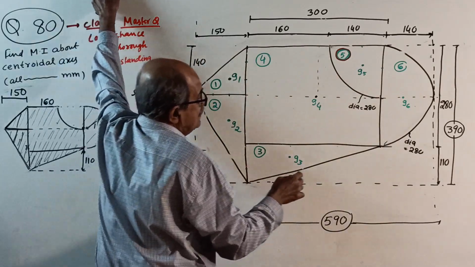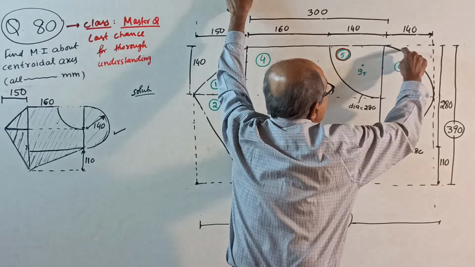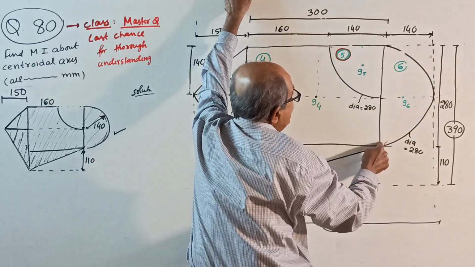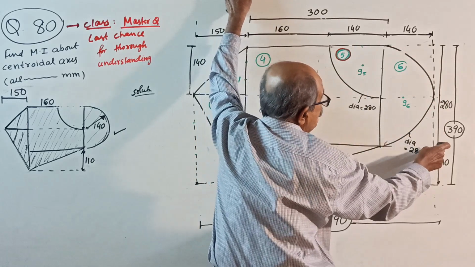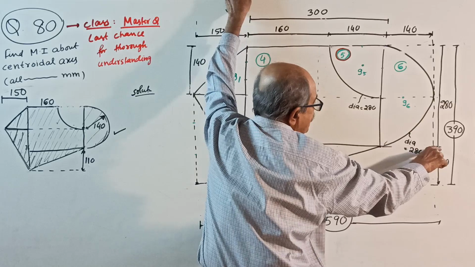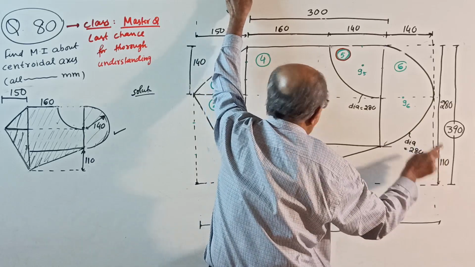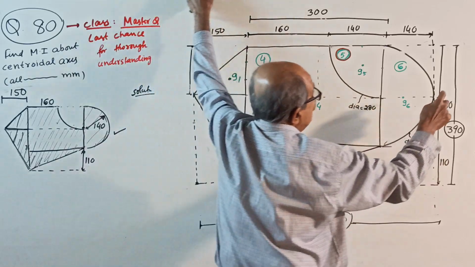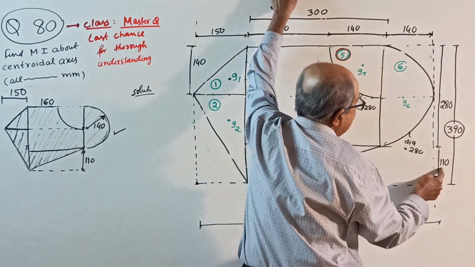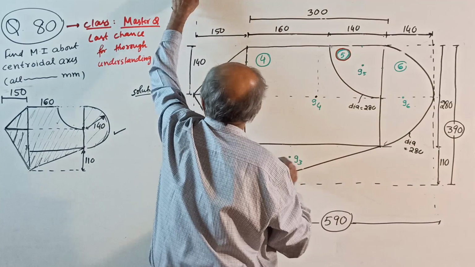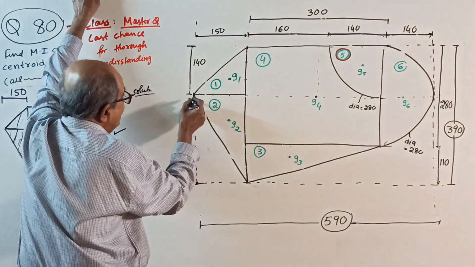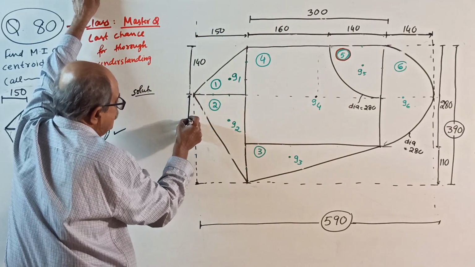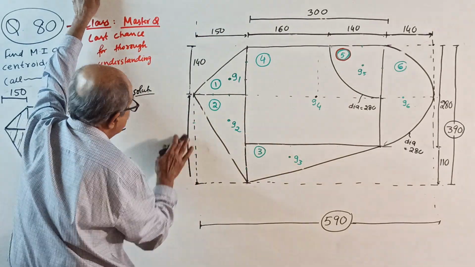From here, this semicircle is there, diameter 280. So for the rectangle, the vertical side is how much? 280. Then below come 110. When you come below 110, the total will become 390. 110 plus 280, 390. When the total is 390, then for this triangle, this depth will be, I should write somewhere outside.